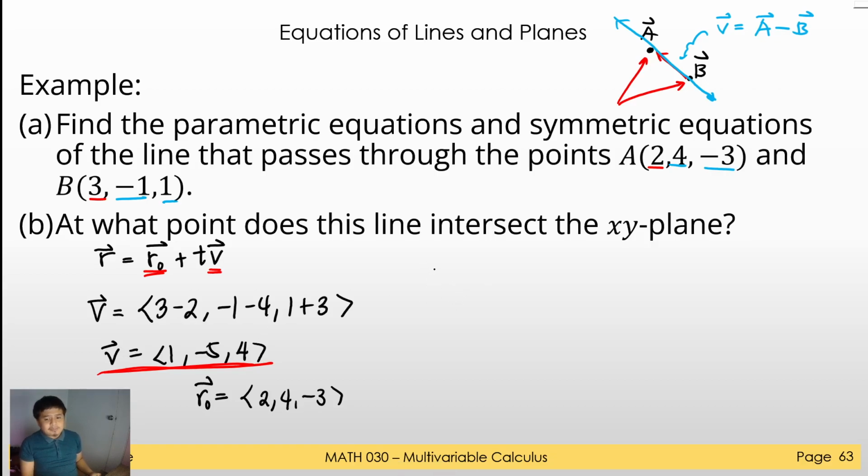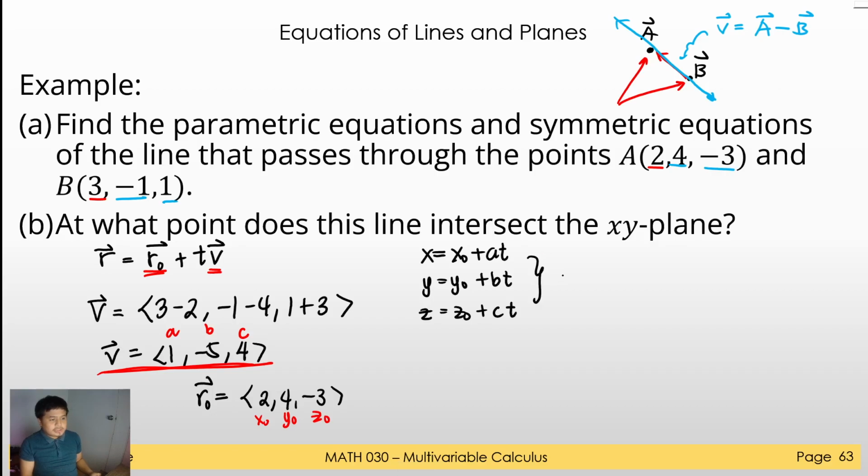To find the parametric equations, if you can remember, we have x is equal to x sub 0 plus at, y is equal to y sub 0 plus bt, and z is equal to z sub 0 plus ct. This is your a, b, c from the v vector, and this is your x sub 0, y sub 0, and z sub 0.